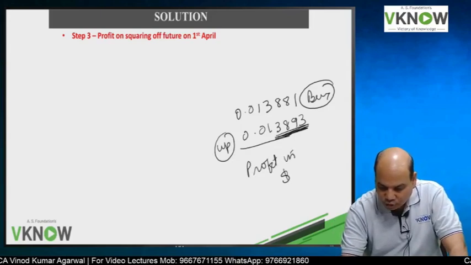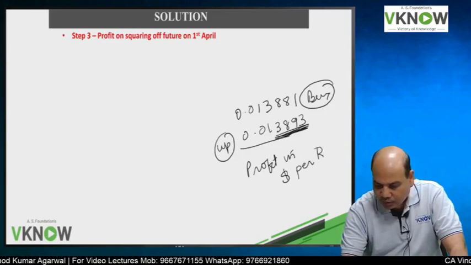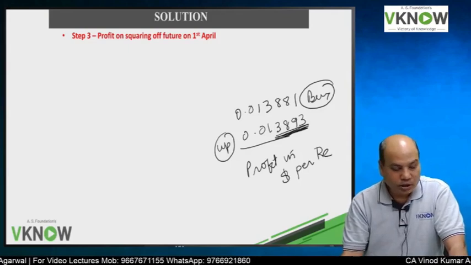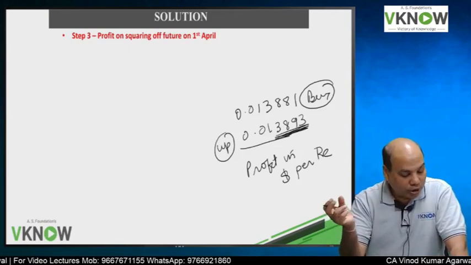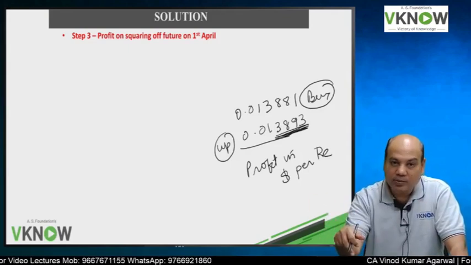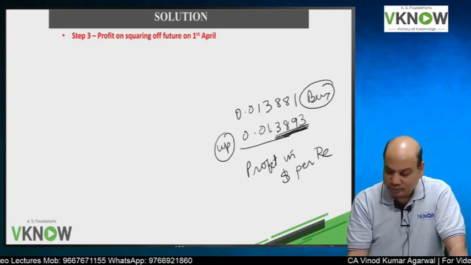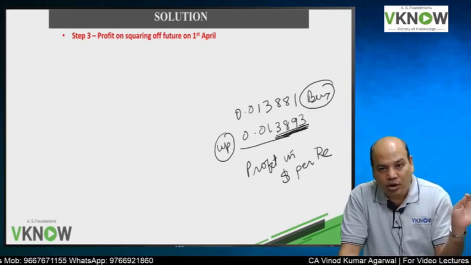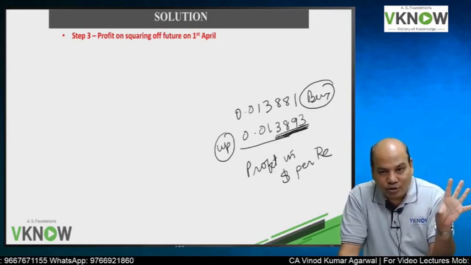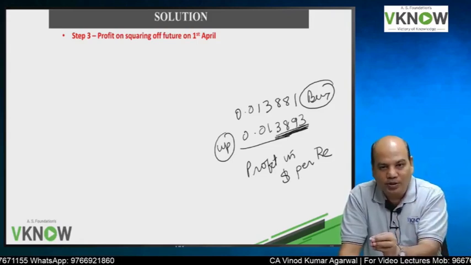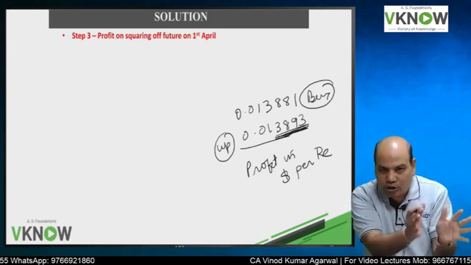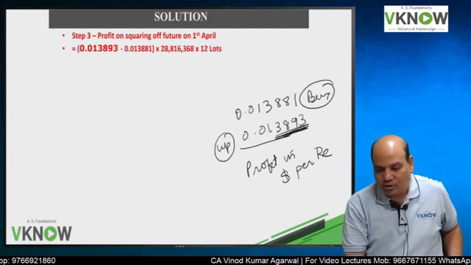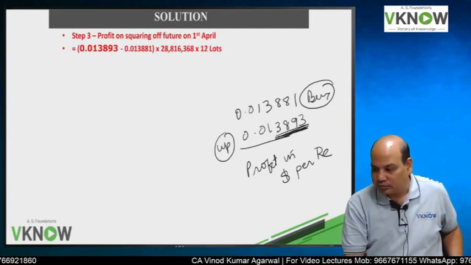in dollar per rupee. The difference is the profit in dollar per rupee multiplied by one contract size and multiplied by 12 contracts. So that will give you total profit in which currency? Dollar. The profit you are calculating is dollar per rupee. So the total profit will be total dollar profit versus so many rupees. Is it right? So write down the calculation.